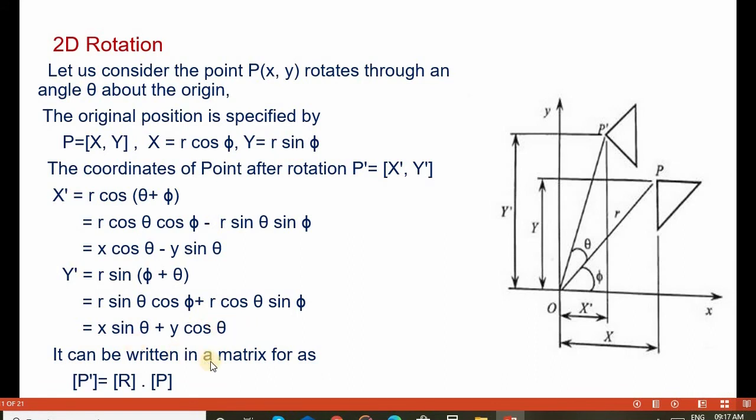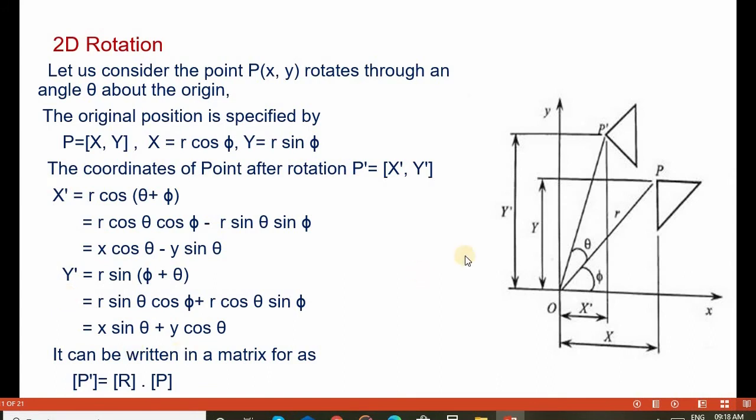So it can be written in matrix form as P dash equals R into P. R is the rotation by angle theta, and P is the initial point, x and y, where x is r cos phi and y is r sin phi. We add the angle theta and get x dash and y dash.